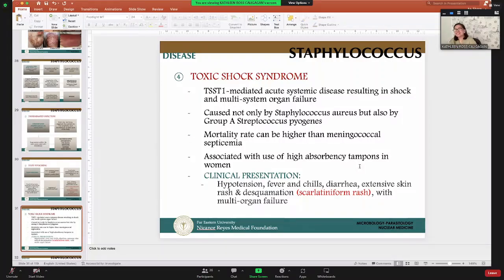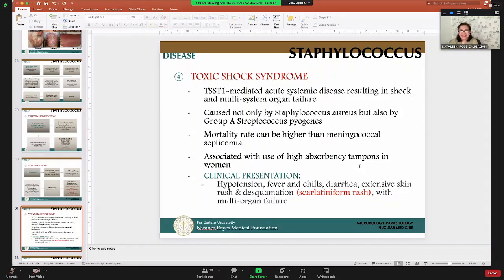toxic shock syndrome, again due to the secretion of the exotoxin, toxic shock syndrome toxin 1. This will result in shock and multi-organ system failure. It is not only secreted by Staphylococcus aureus, but also by group A Streptococcus pyogenes, which I mentioned already. Mortality rate can be higher than meningococcal septicemia, and it is associated with high-absorbency tampons in women.